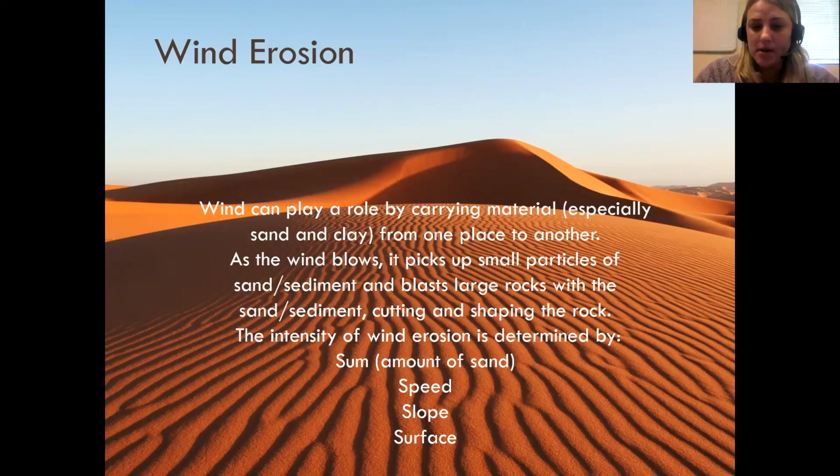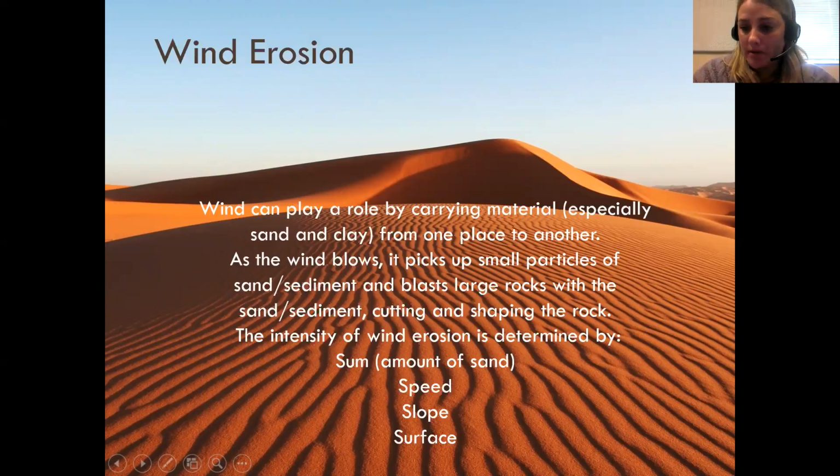cutting and scraping. Again, erosion can be determined by four things, and you're going to see this throughout the lecture as well. The greater the amount of any one of these things, the higher the erosion rate is going to be. So we can see the amount of sand, and the speed of the wind.